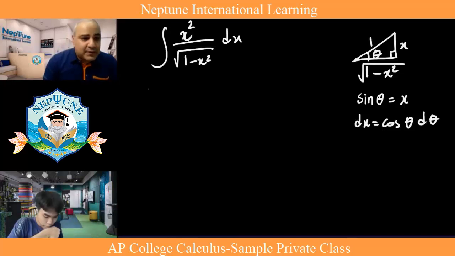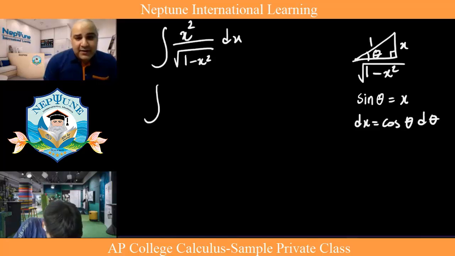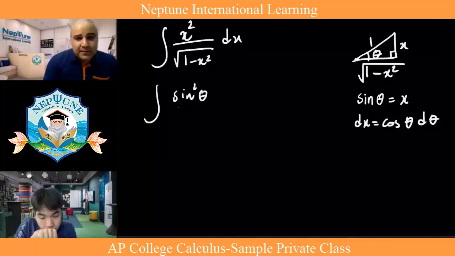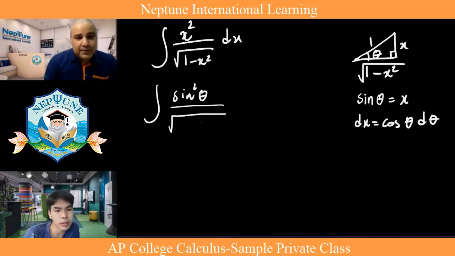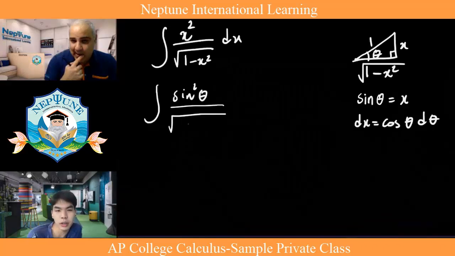So now what we do here, I change x with sine. So it becomes sine squared theta over... can we say that just tan theta? Opposite over adjacent? Because if it's adjacent, it's 1 over x squared, right?